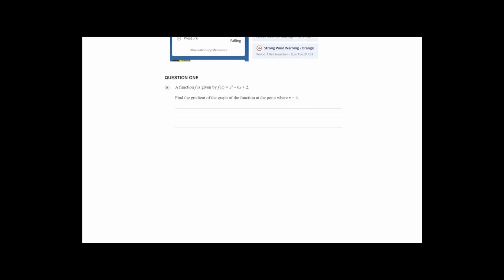Okay. So question 1, a function f is given by x cubed minus 6x plus 2. Find the gradient where x equals 4. So to find the gradient, we have to differentiate it.